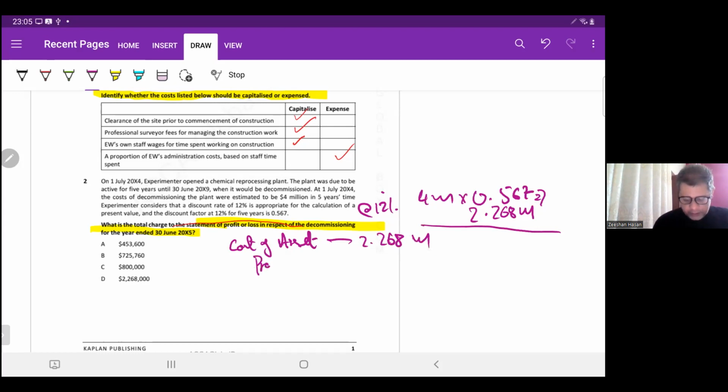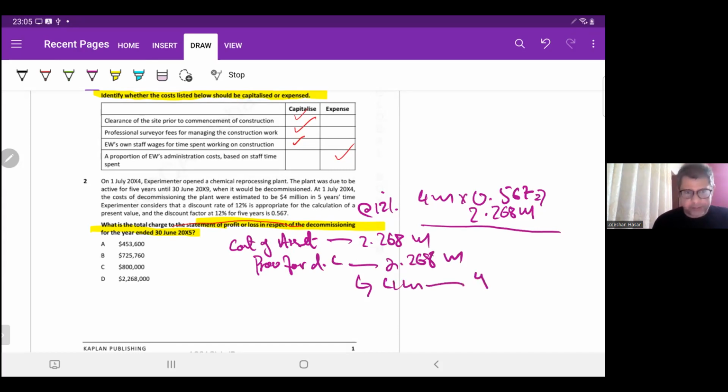Provision for decommissioning cost is 2.268 million credit, and the asset is depreciated on a straight-line basis over five years. In addition, the decommissioning cost should be increased to 4 million by the end of year 5.